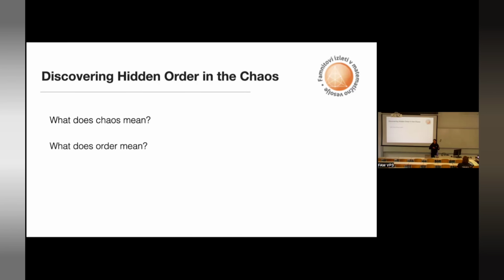The opposite of chaos will be order. But again, what does it mean to have order? It depends on who you are asking. For us today, we are focusing on mathematics, so we will try to find some concept of chaos or order.